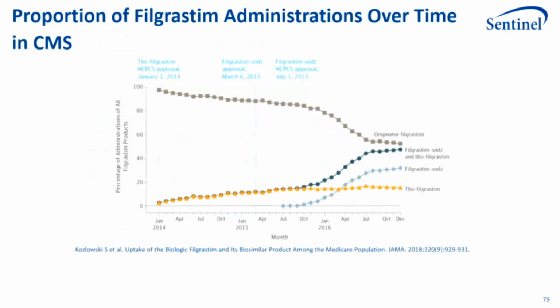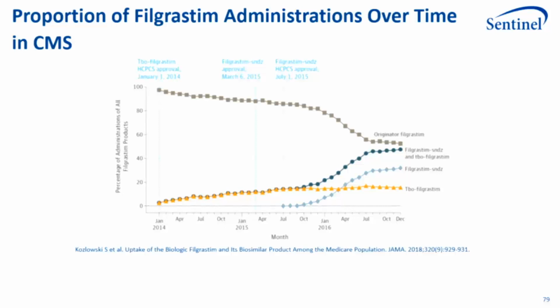So this is getting at that second question that FDA had, which is, what do the time trends look like? Do we see an uptake that's been reported elsewhere? This is the data that was reported in a paper in JAMA showing the use of filgrastim. This is the reference product, Neupogen. You can see its use over time declines as the biosimilars increase.